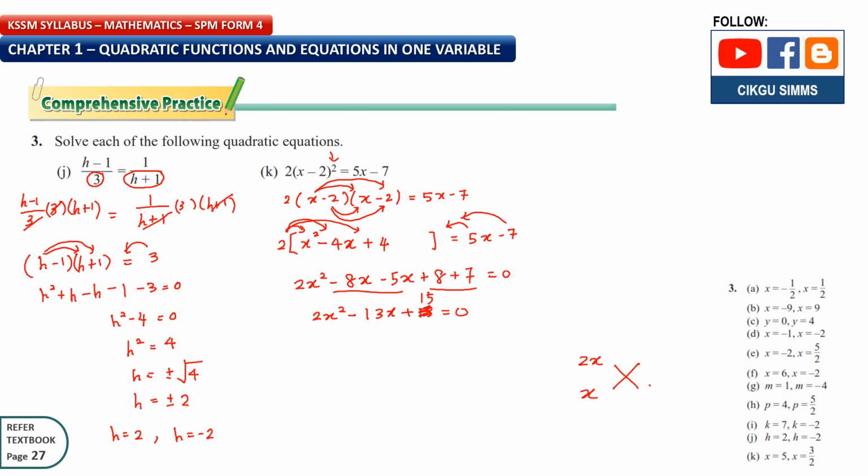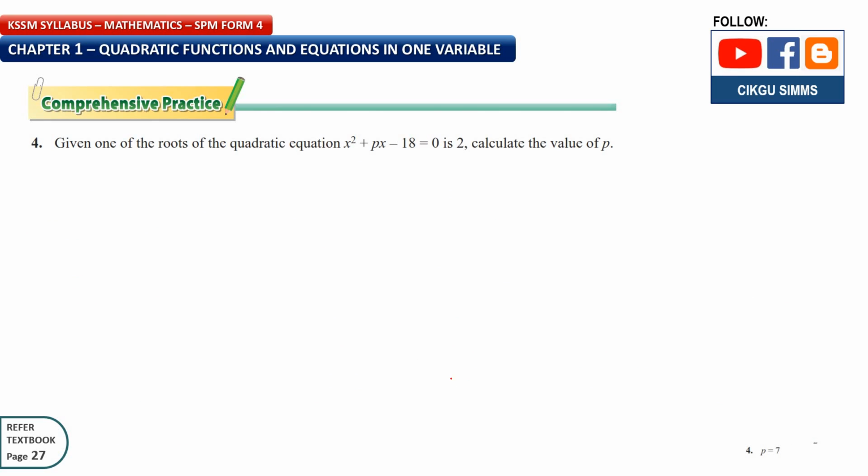Okay, 5 and 3. So 10 and 3. So negative, negative. Okay, so 2x minus 3, x minus 5. First bracket equals 0. Second bracket equals 0. First answer, second answer.